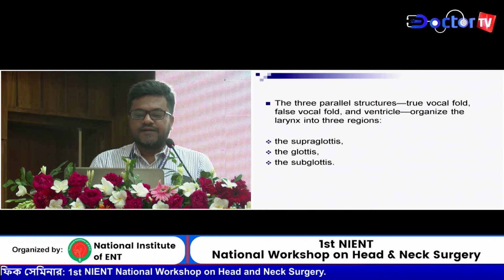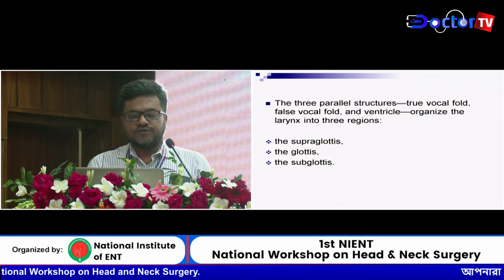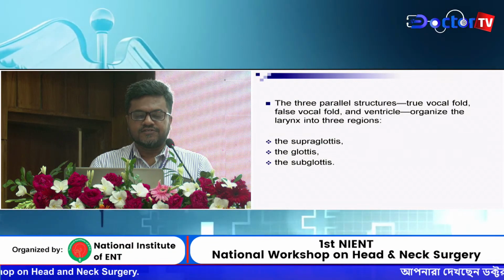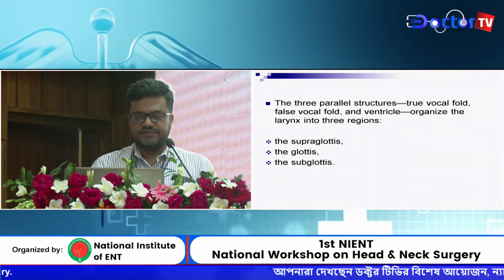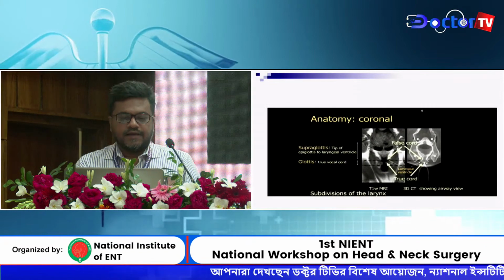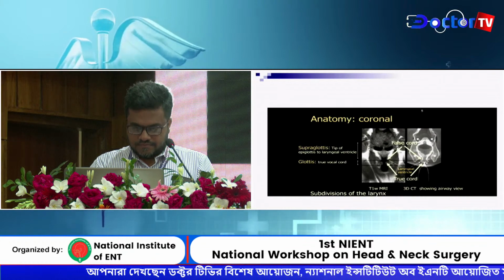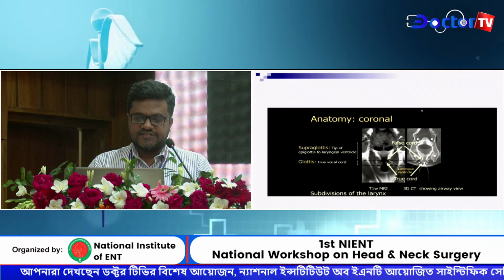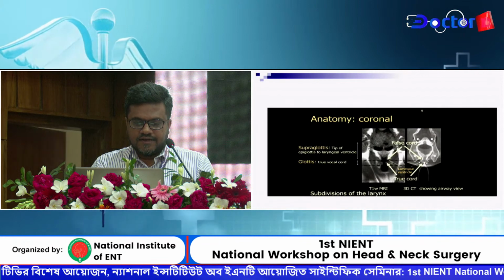The three parallel structures, true vocal fold, false vocal fold, and the ventricle, organize the larynx into three regions: supraglottis, glottis, and subglottis. Here is a T1 MR image and a 3D CT view. Here is the laryngeal ventricle.